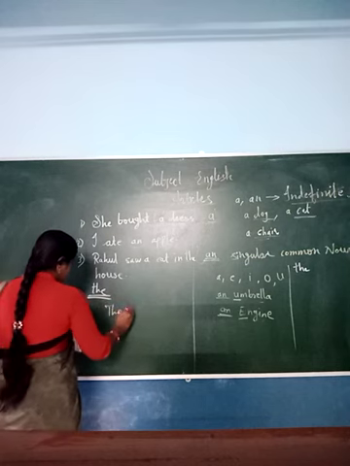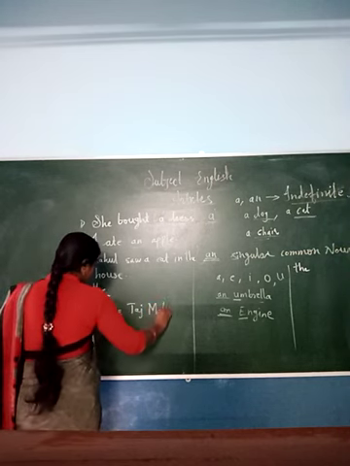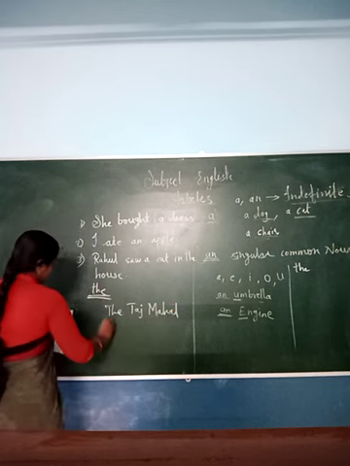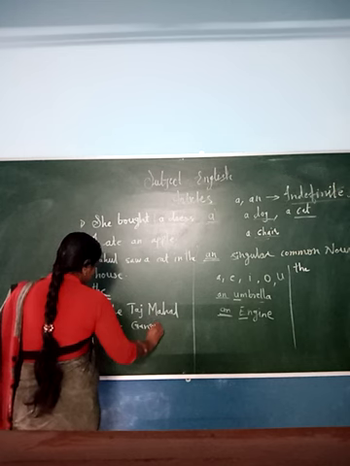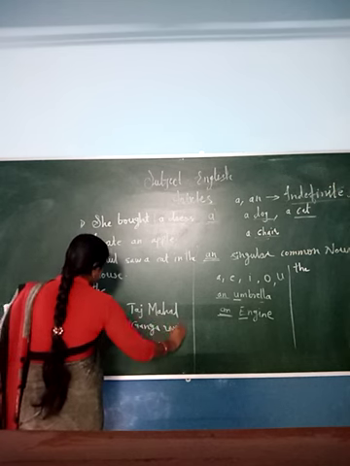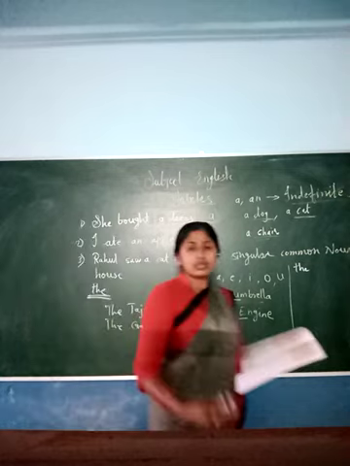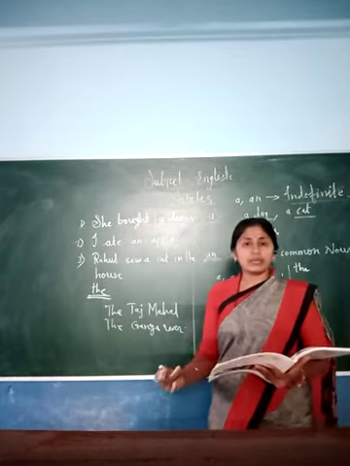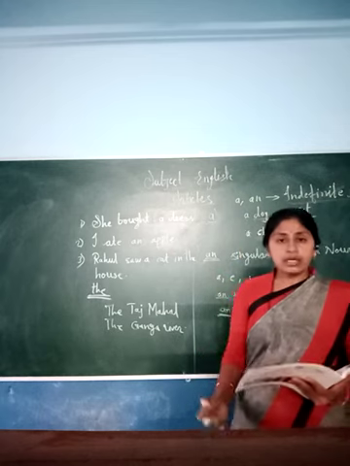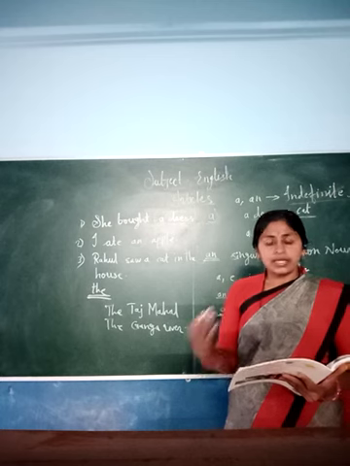the Taj Mahal, the Ganga river. All the rivers' names we have to use the before. All the forts' names, all the famous buildings, we have to use the because it is a special, a particular place's name.